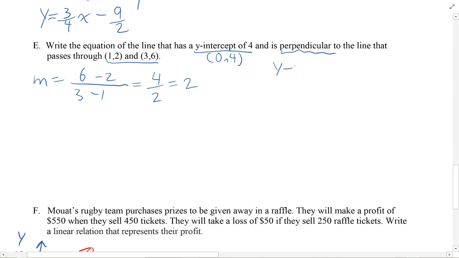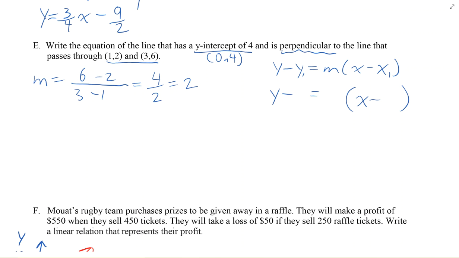So how do we start? We start with our equation: y minus y1 equals m(x minus x1). You should be close to having that memorized now. And then you can start filling in the blanks. Now this is going to be a unique one as well. Oh, sorry, that's the slope of the other line, but we need the perpendicular slope. That's the slope we have to use.